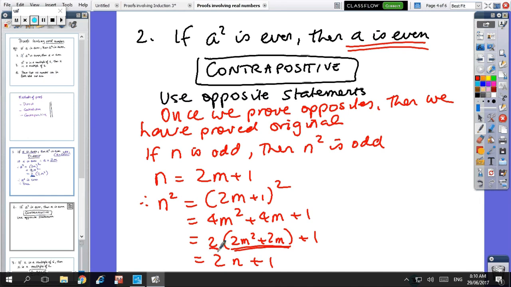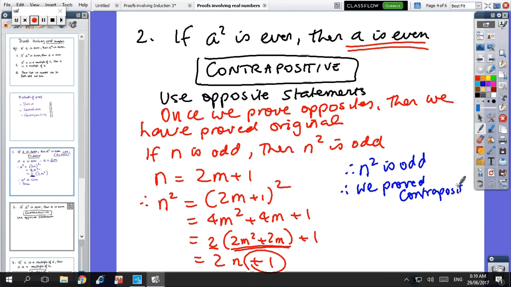So now we've got the expression 2 times something plus 1. So that means it's plus 1, therefore n squared is odd. Therefore, we have proved the contrapositive. And once we prove the contrapositive, therefore we have proved the original. So therefore, if a squared is even, then a is even.